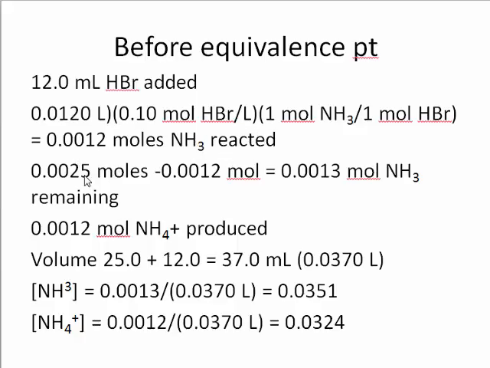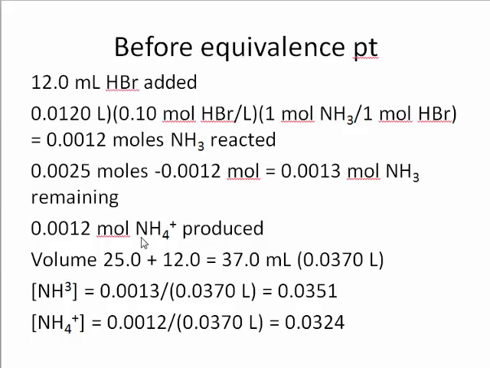Alright, this leaves 0.0025. We've already calculated moles of ammonia starting, minus how many are left? 0.0012. Gives 0.0013 mole of ammonia remaining. 0.0012 moles of NH4+ are produced.